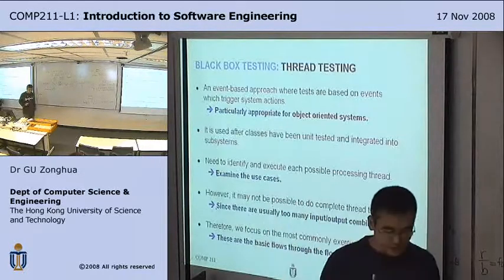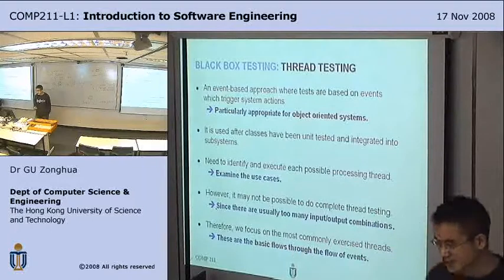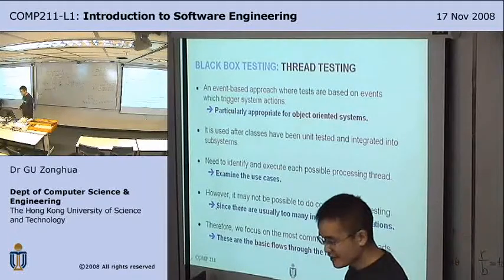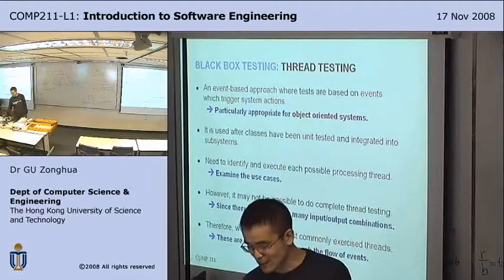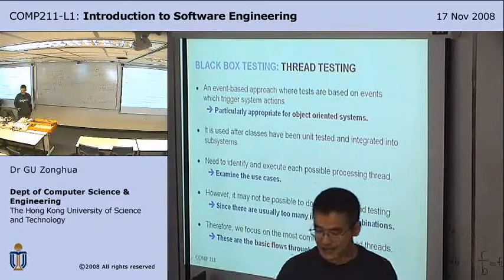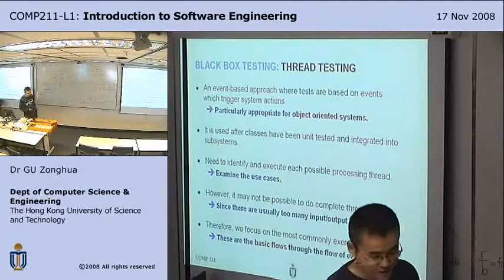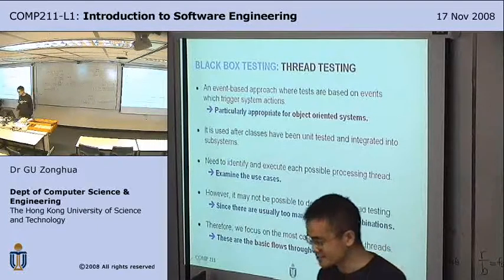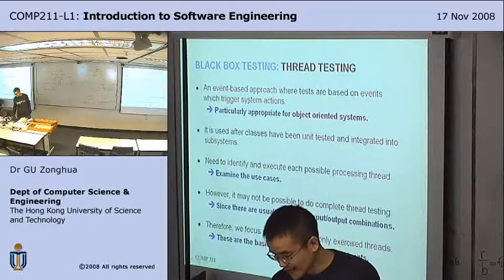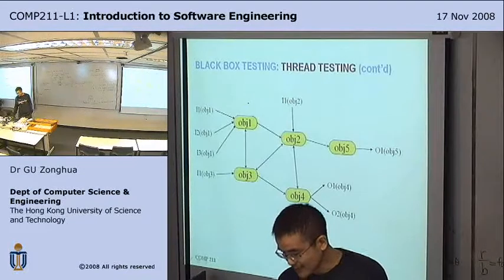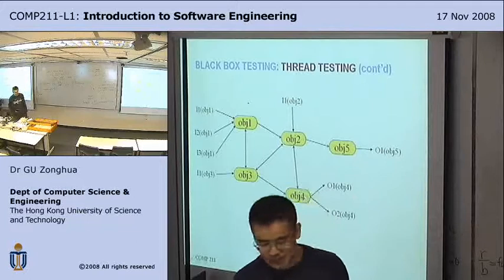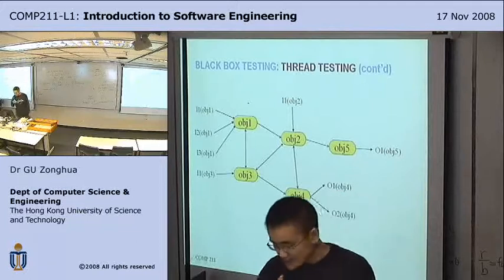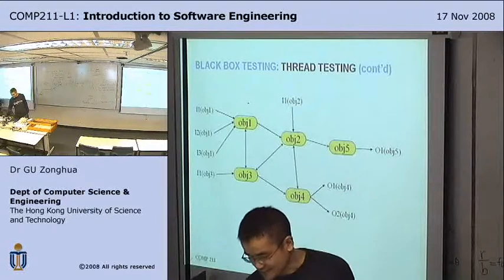So another type of testing is thread testing. That is an event-based approach where tests are based on events which trigger system actions, particularly appropriate for object-oriented systems. We have a picture in here. So you have a bunch of objects, and they pass messages back and forth.